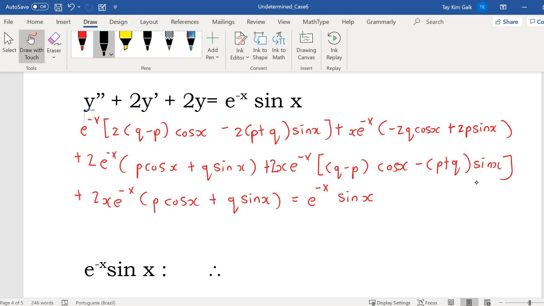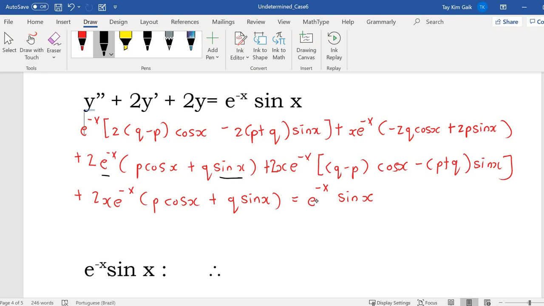Okay. I just want, so this is x exponent negative x, don't want. This is x exponent negative x, I don't want. This x exponent negative x, we don't want. So I just take, I want exponent negative x here time with sin. So I got 2q.